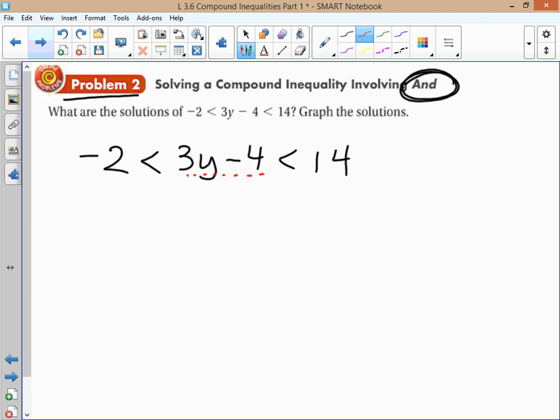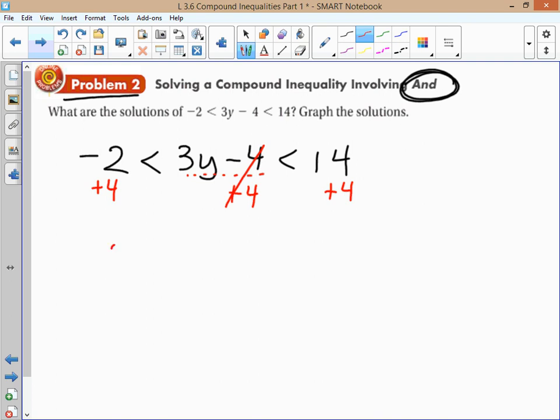The first step I'm going to do is to add 4 to get rid of this minus 4. But because it's a compound inequality, what I do on one side of the inequality, I have to do on the other side and the other side. So if you do it one place in the inequality, you do it everywhere. So I'm going to add 4 here, and I'm going to add 4 here.